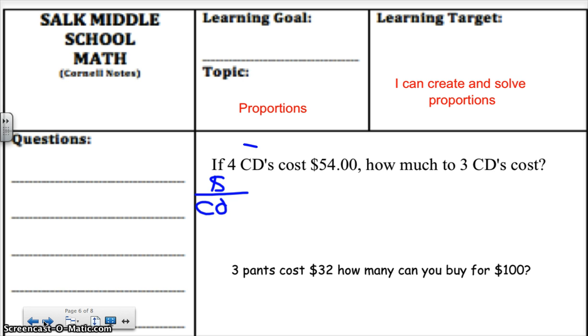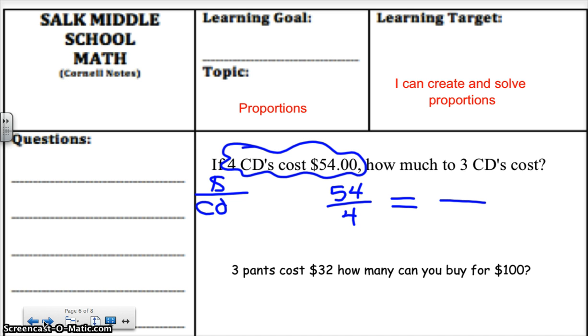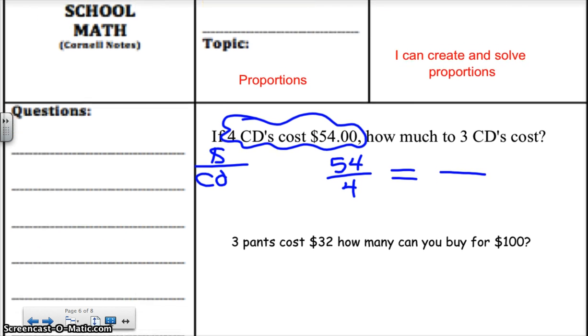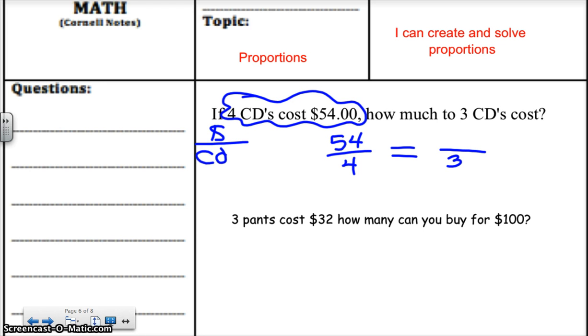The first fact I know, where I know both of them, is right there. 4 CDs for $54. $54 goes on top because it's money. CDs on the bottom. $54 is to 4 CDs as how much do 3 CDs cost? Is the 3 going on the top or the bottom? Bottom. Because CDs are on the bottom.